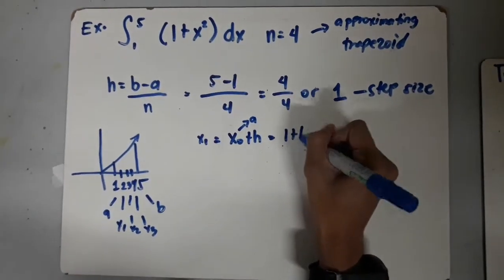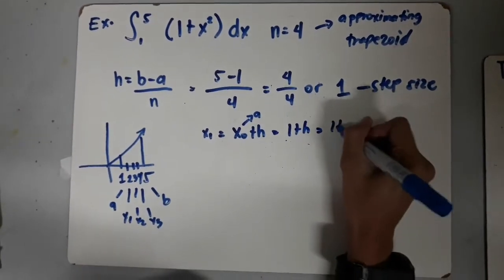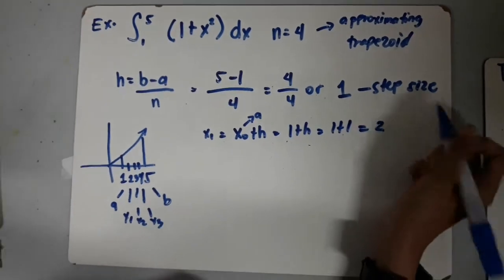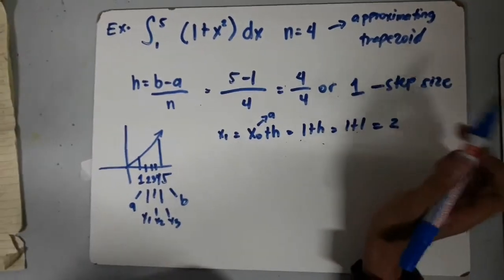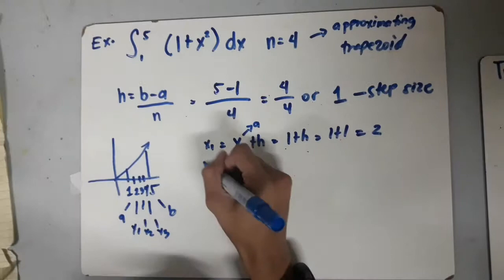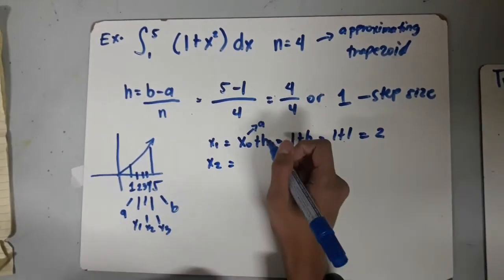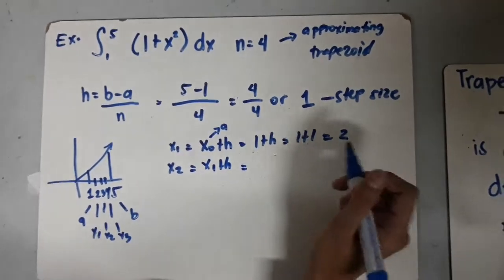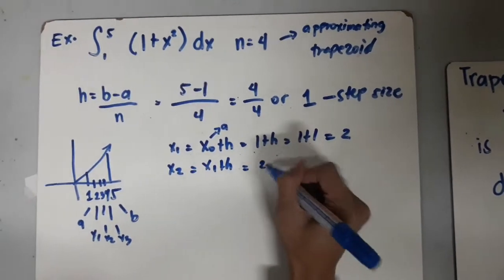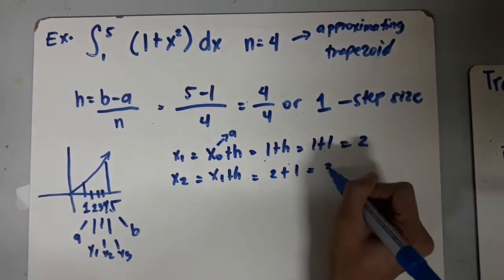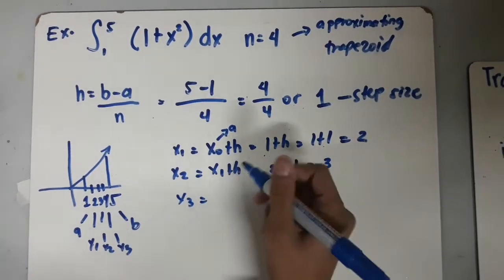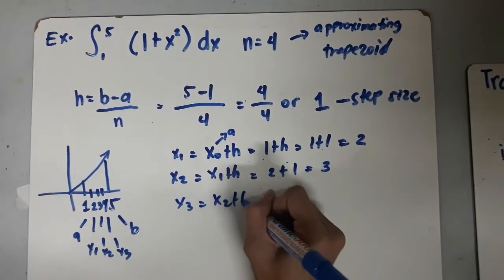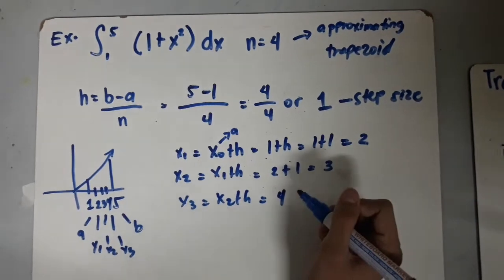So 1 plus h is 1 plus 1, which equals 2. Since the value of h is 1, x sub 2 equals x sub 1 plus h, so 2 plus 1 again equals 3. Lastly, x sub 3 equals x sub 2 plus h, which is 4.